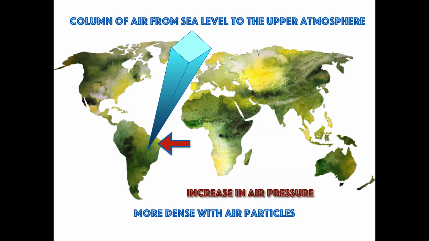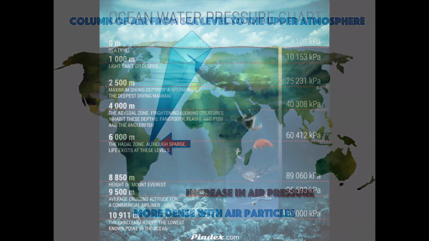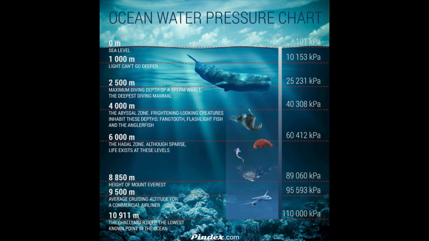So as I was saying, the lower you go, the more dense the air particles become, the more air pressure. Okay, you have an increase in air pressure, and what that means is that there are just more air particles surrounding you, pressing down against you. You can liken this to the water pressure in the ocean. As you go deeper down into the ocean, you're going to have more water pressure. If any of you like to scuba dive, you know that at sea level you have 1 atmosphere of pressure, and then every 33 feet or so, you have an increase of 1 atmosphere.